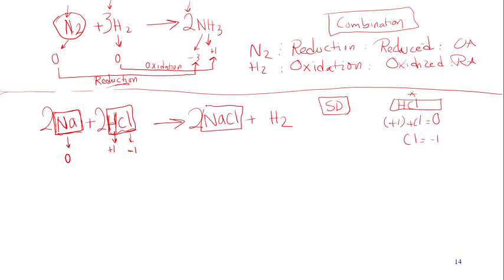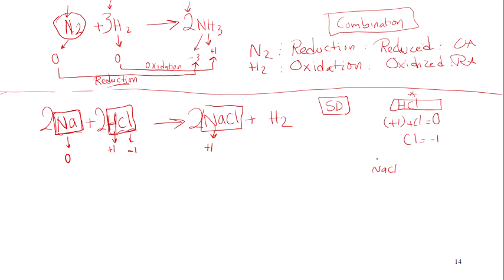NaCl. Na, group 1, in the compound. Look here, this is the ion. Na 1 positive, Cl 1 negative. This is the compound. When we have free element, 0; Na in the compound is 1 positive. How about Cl? Let me calculate again.